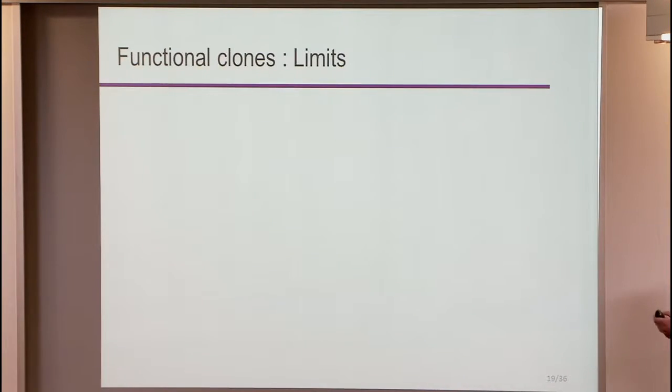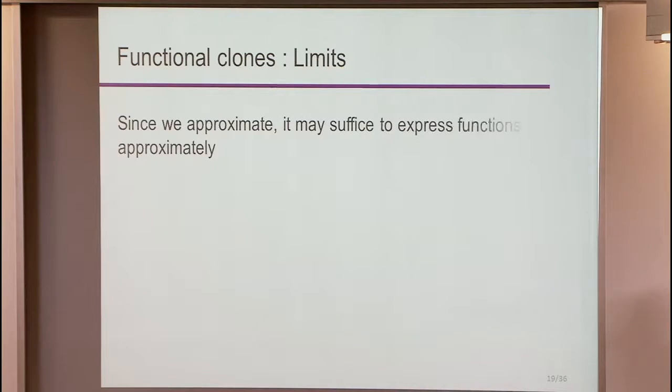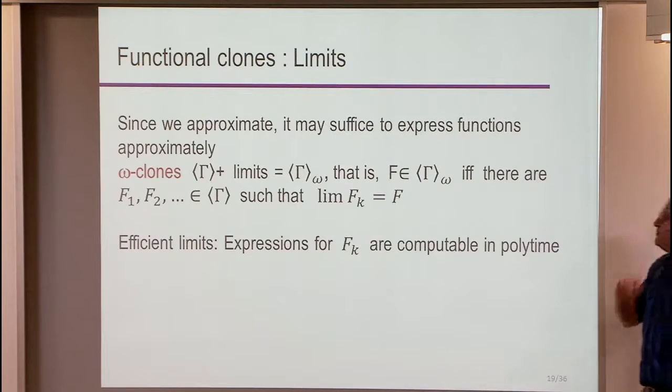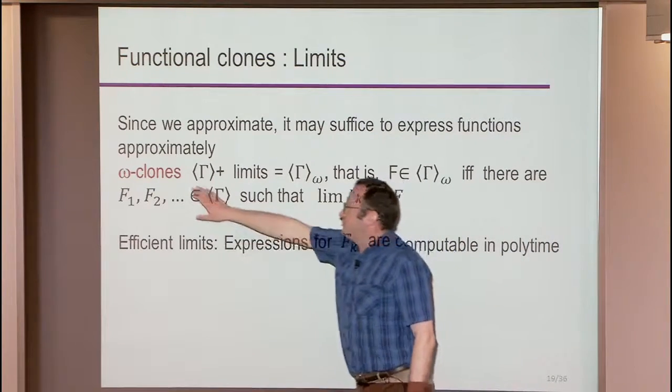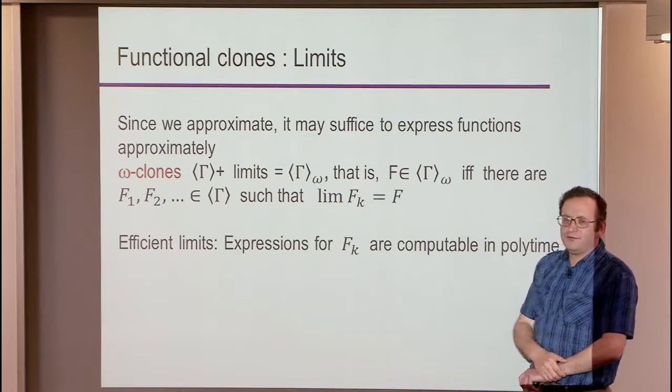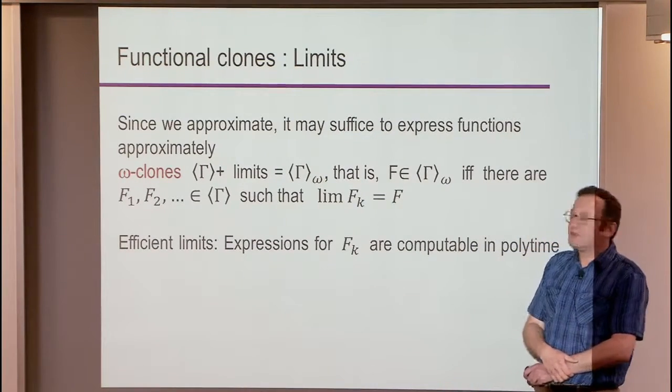Good. Since we care about approximation, sometimes we can take some sort of limits. So we may use some approximate expression for functions. By omega clone, I will now call a combination of just functional clone and limits. What do I mean?